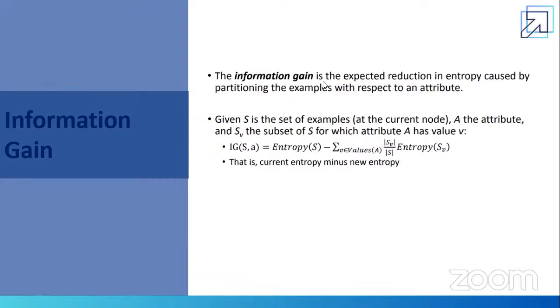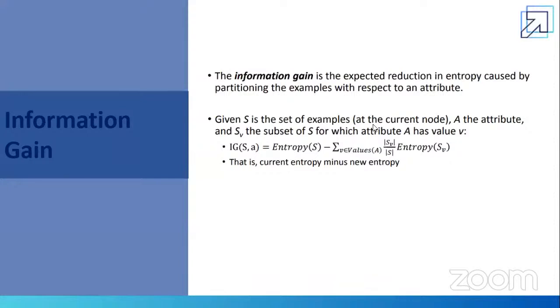We have different bases for log, and here we are using log with base 2. So here is the information gain for sample S. S is nothing but the example, the data set we have. A is the attribute on which we are splitting our data.